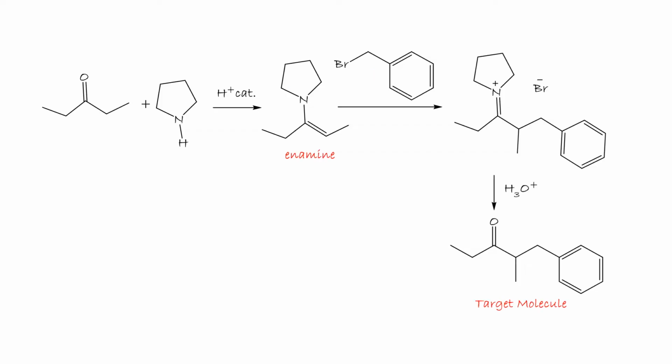Reacting the carbonyl with the secondary amine will get the enamine. Reacting the enamine with benzyl bromide will get the iminium salt. Hydrolysis of the iminium salt will get you the target molecule.